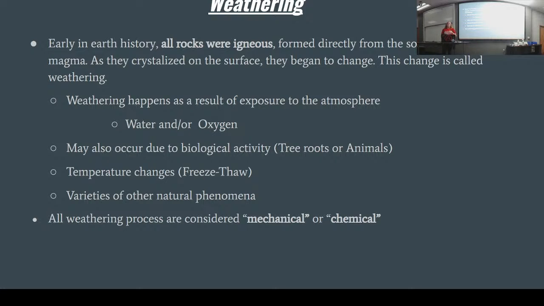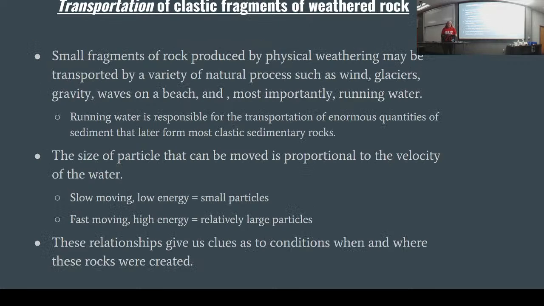Biological activity that you might see is tree roots busting through the rock and breaking it apart, or animals burrowing through it. Those are a few things you might see with mechanical, and then there's a variety of others. You also have weathering that happens as a result of exposure to the atmosphere, mostly water or oxygen. All of these, like I said, are considered mechanical or chemical.